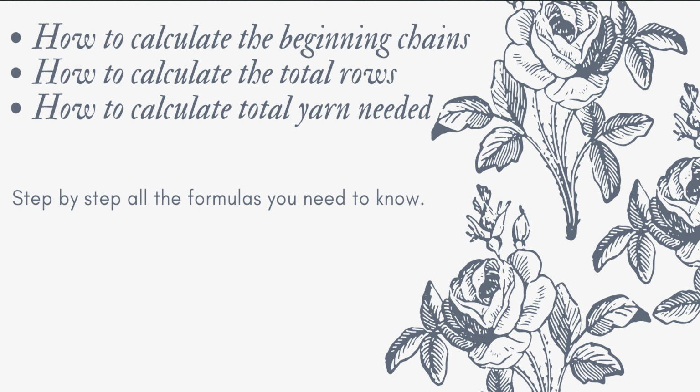So when you change your yarn and the crochet hook, we always have to do the measurements again from the beginning. Also, if you do a different stitch, again, you have to do your measurements and your calculations from the beginning again. So let's see what the formulas are and how to do the calculations step by step.